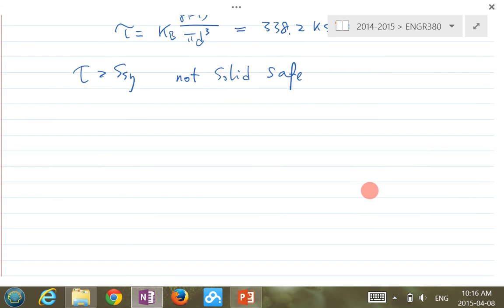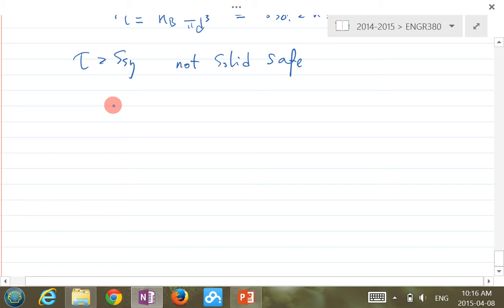Maybe you can take a guess here. If I'm going to redesign the free length, would it be shorter or longer now? Shorter, yeah.